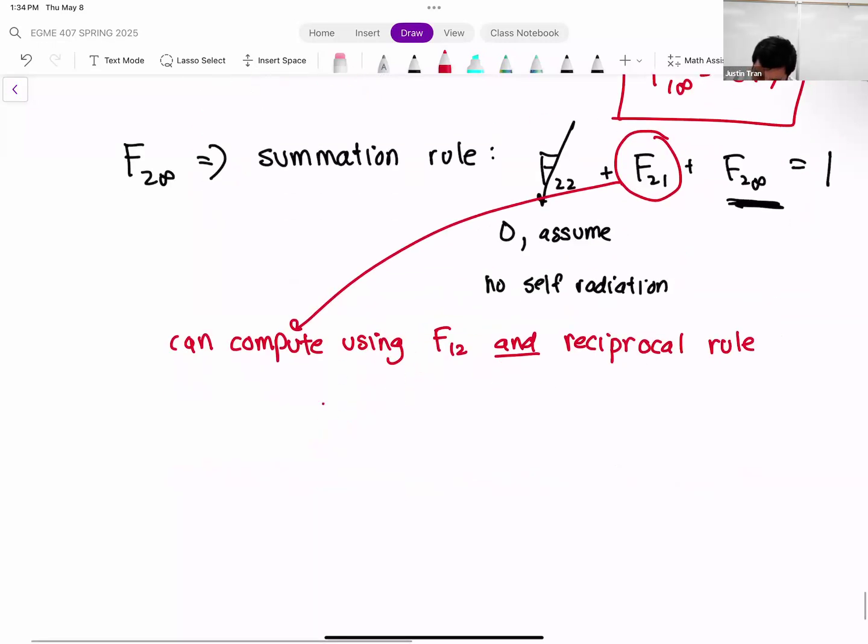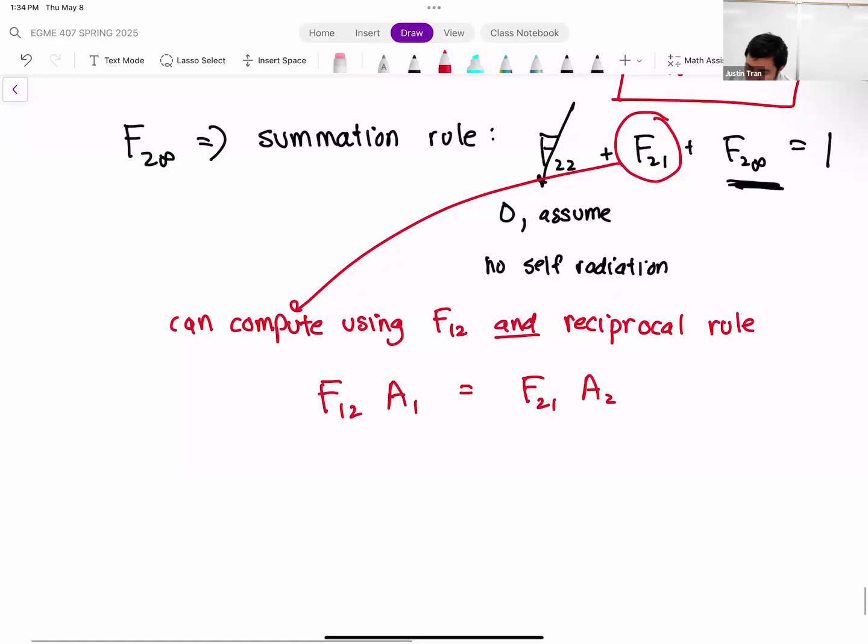We know that F12 multiplied by A1 is equal to F21 multiplied by A2. If you solve for F21, F21 is going to be A1 over A2 multiplied by F12. We have everything that we need for this problem here.